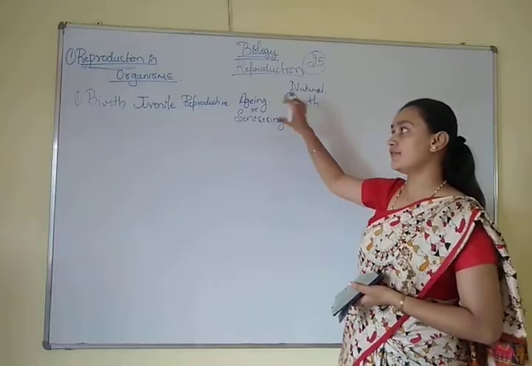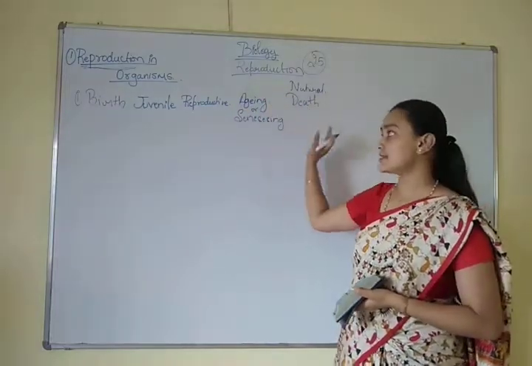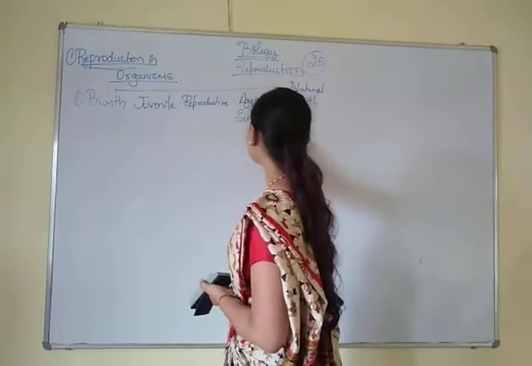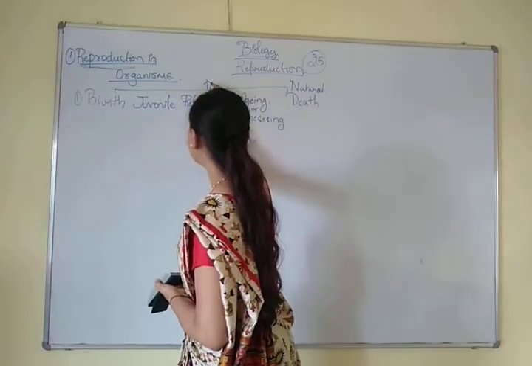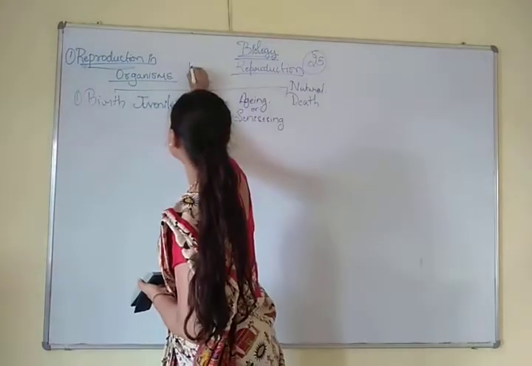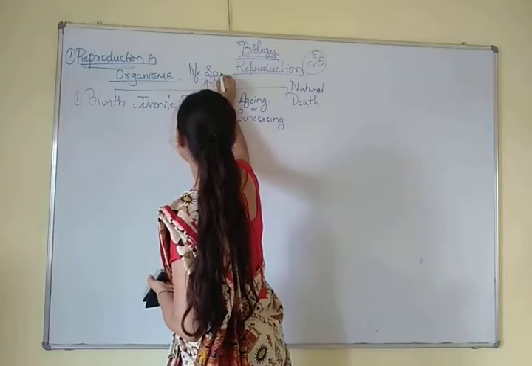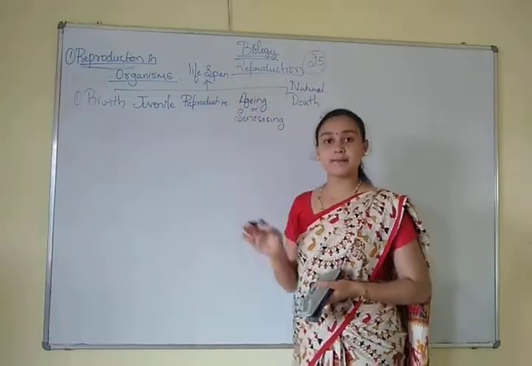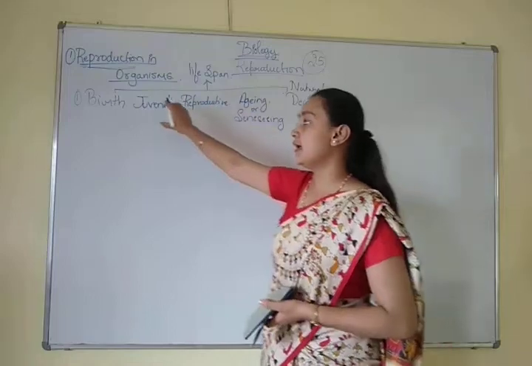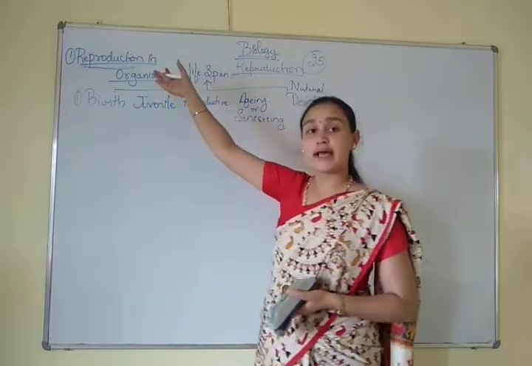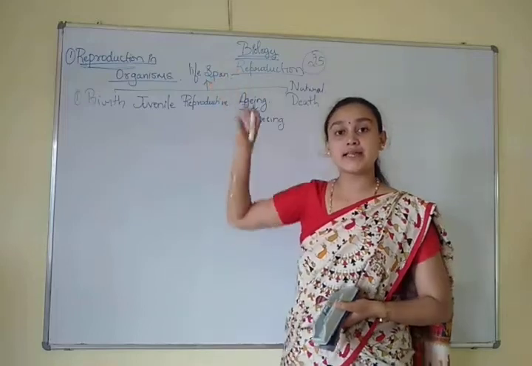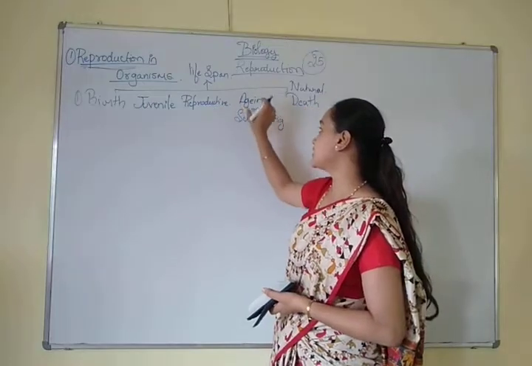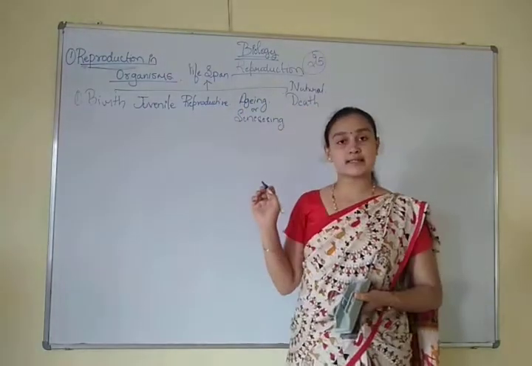So these are the different stages, and all these stages are included under the term lifespan. When the organism reproduces, that organism has its own lifespan. So there is a birth stage, juvenile stage, reproductive stage, aging or senescence, and lastly death.